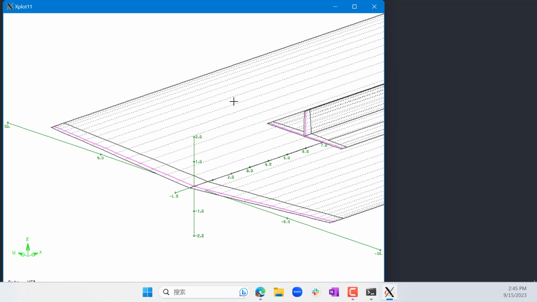So basically what AVL does is that the strength of each of these 50 or 60 vortices is an unknown. So it first tries an initial guess, and from the initial guess, it can compute the induced flow on the wing, right? From the induced flow on the wing, it knows the angle of attack of each section of the wing.